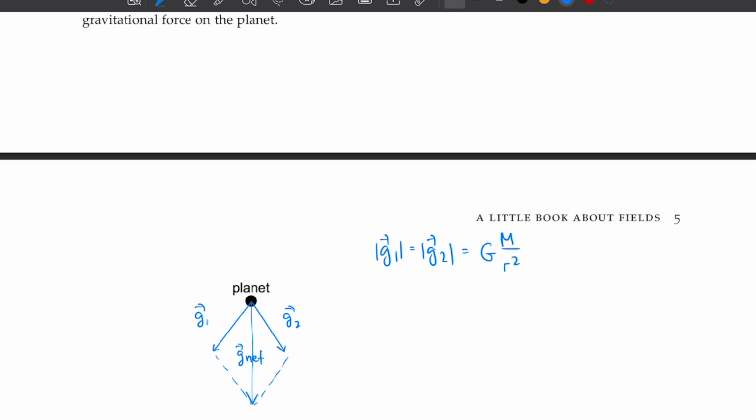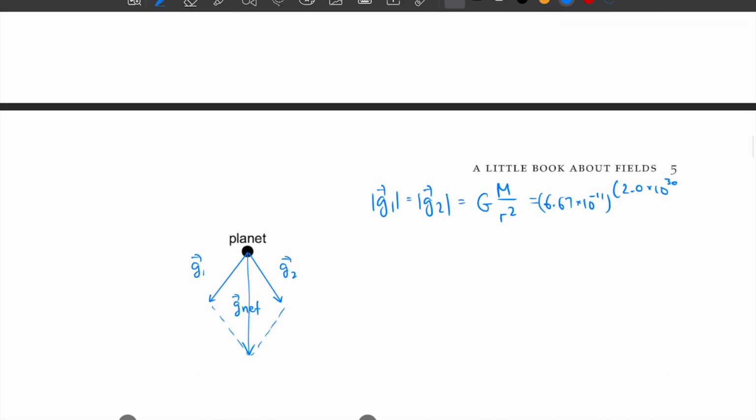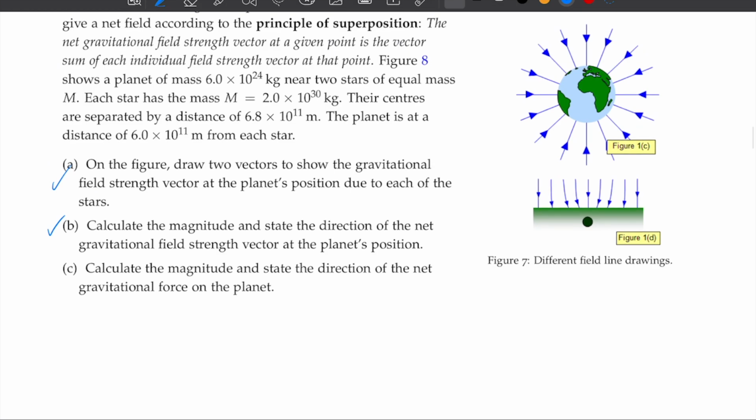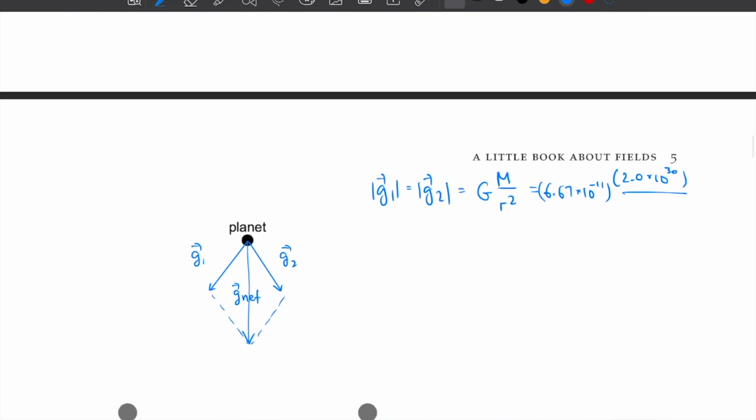So we've got big G, the mass of one of the stars, 2 times 10 to the 30 kg, divided by the distance, and the planet is 6 times 10 to the 11 meters from each star, and we have to square that.